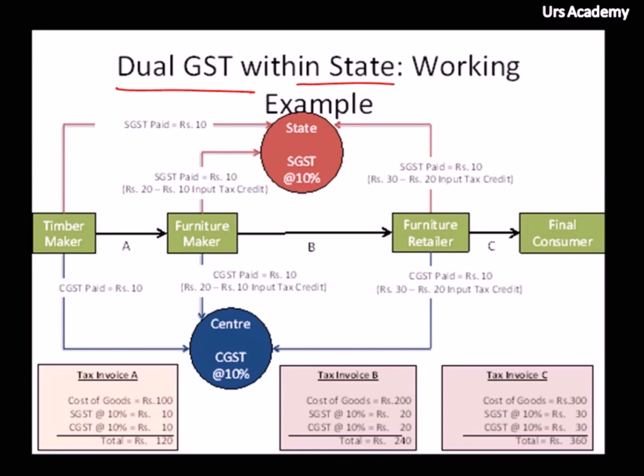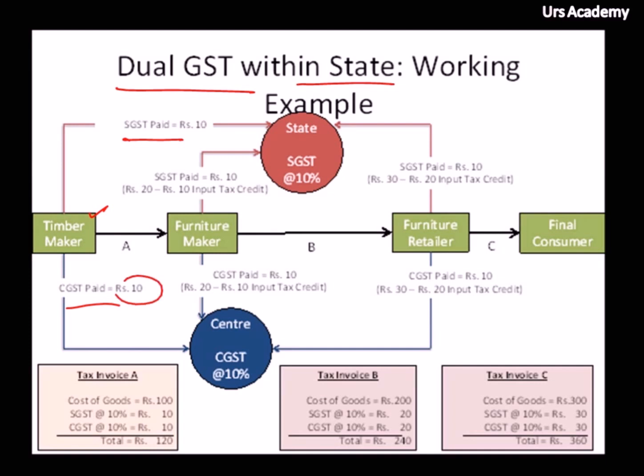For example, a timber maker makes timber from wood, and when he makes the timber, he adds value to the wood. I already told you that GST is essentially a tax on value addition, like VAT. Since he makes timber from wood, it is value added to the wood, and this timber maker will be charged at the rate of, for example, 10% CGST and 10% SGST.